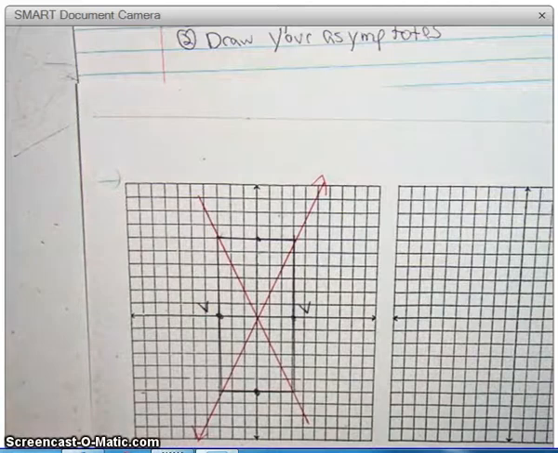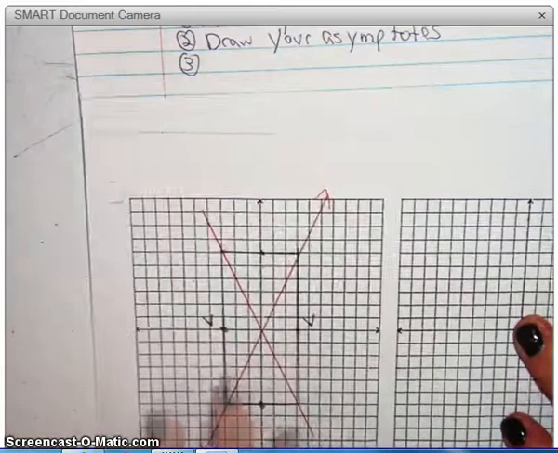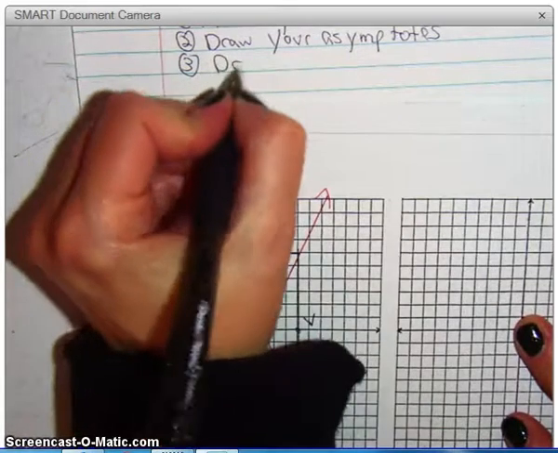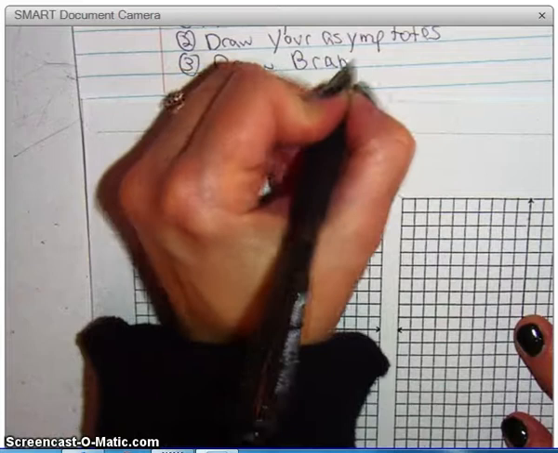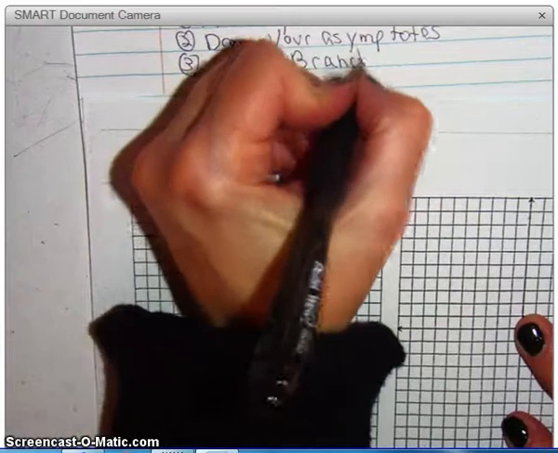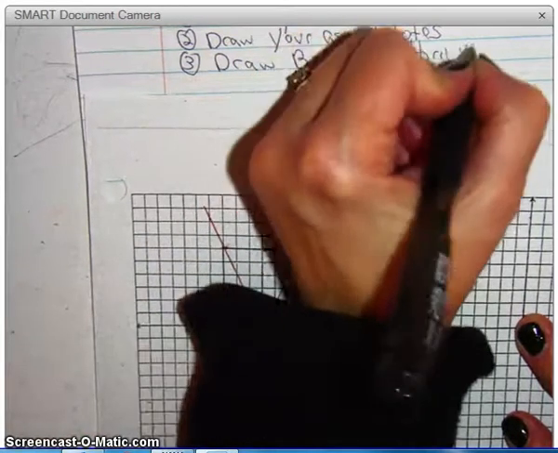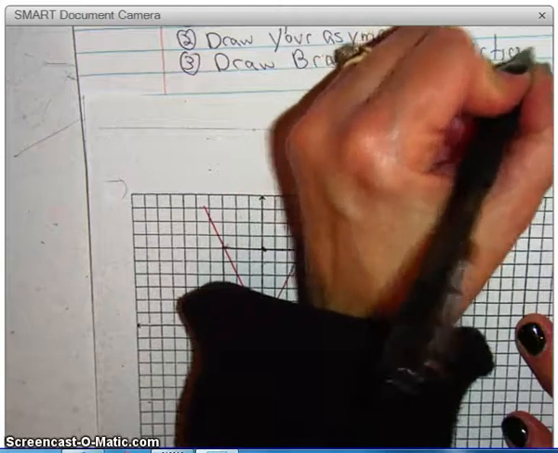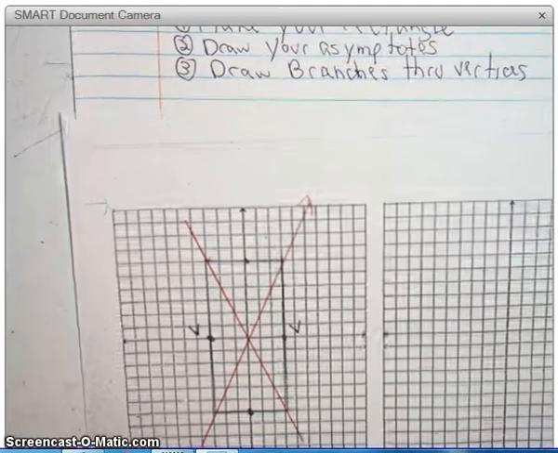Okay, last step. Draw branches through vertices.